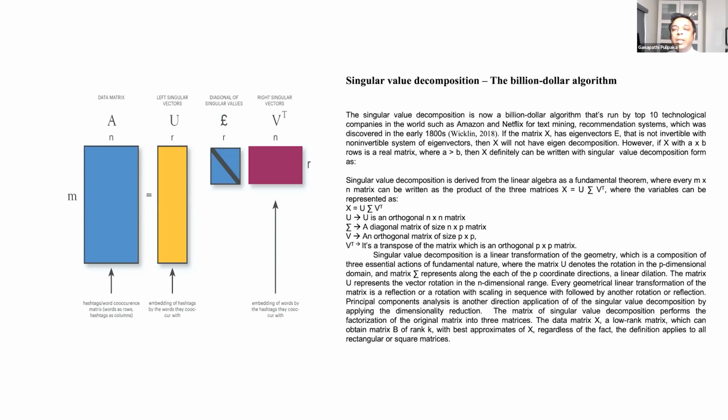We can build any type of recommendation system for text mining, or we can run this for any company like Amazon, Netflix, and all of them. This has been around from the beginning. It was more of a mathematical application at that time, and later it has been scaled heavily to a number of industries.